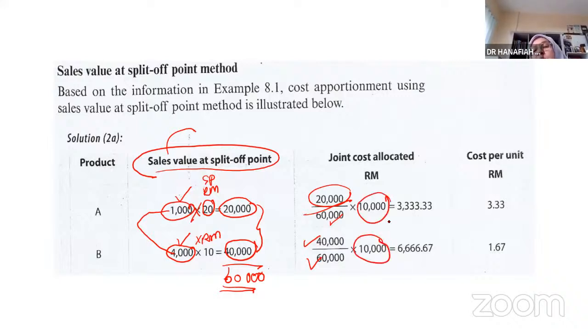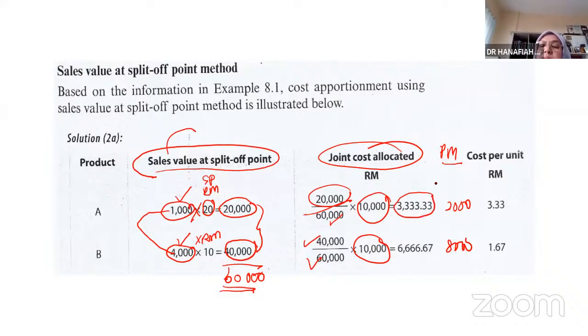So now the portion is slightly different. If you use physical method it is 2,000 and 8,000. However, if we base on the joint cost allocation, it is going to be different: 3,333 and 6,667. And the total cost now 333 and 167.